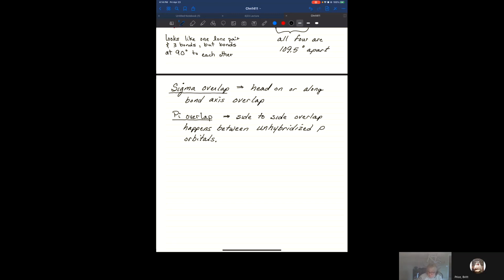There's another thing I want to bring up that I'm not sure I really did expressly before. Let's take a closer look at a p orbital. With a p orbital, try to draw it kind of like an infinity symbol.